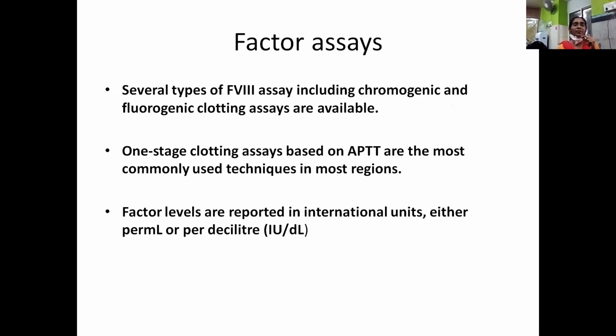The other technique is the chromogenic and fluorogenic clotting factor assays, which are available at major institutions, because in some rare situations, the clot-based APTT or clot-based factor assays can be normal. But in such cases, if we are strongly suspecting a coagulation disorder, you have to proceed with the chromogenic assay to get the correct diagnosis.